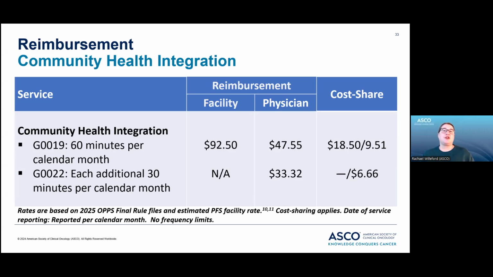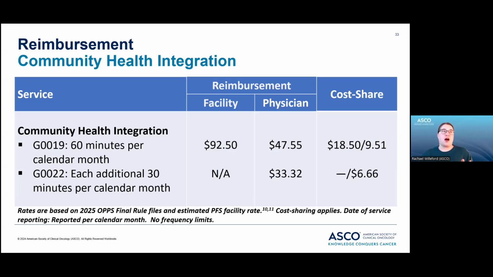The community health integration and principal illness navigation services are included in APC 5822. That's for level 2 health and behavioral services. The add-on codes for these services have a payment status indicator of N, which means that the payment's bundled.